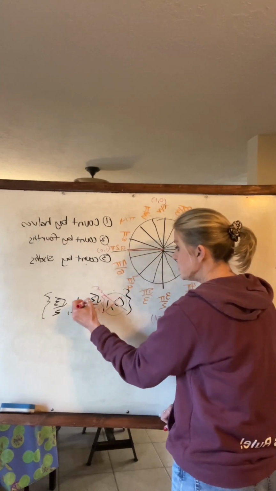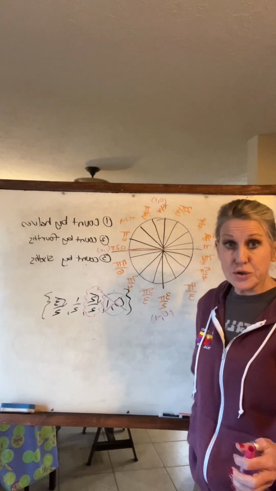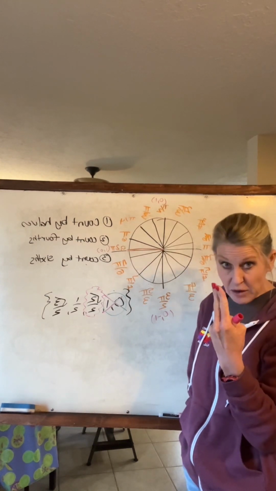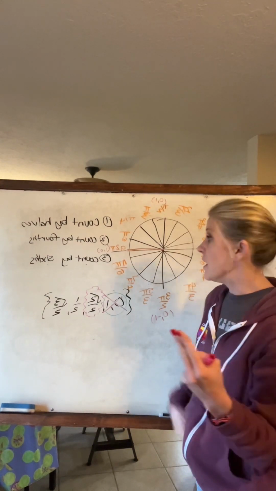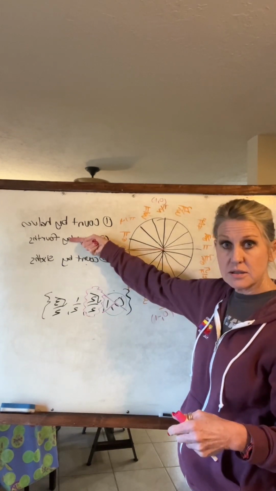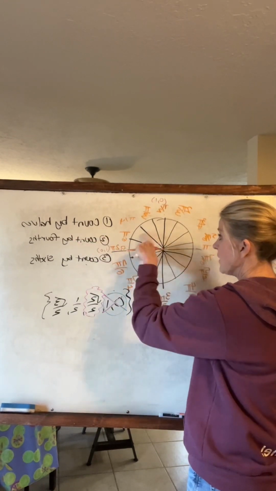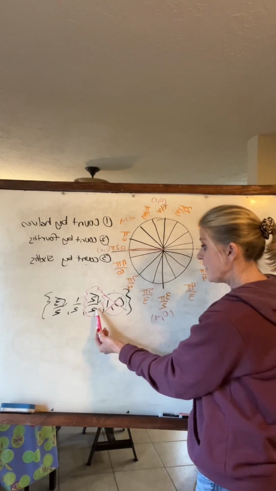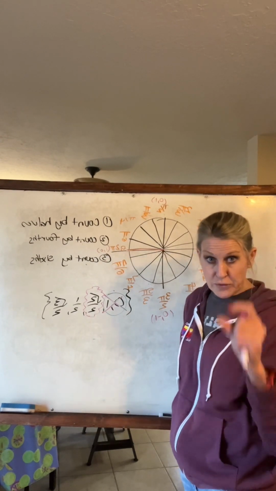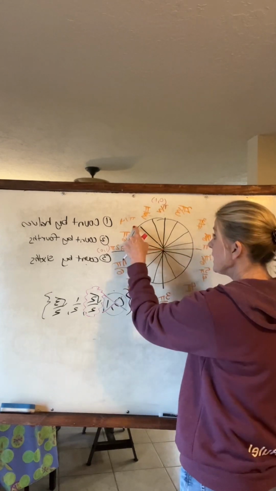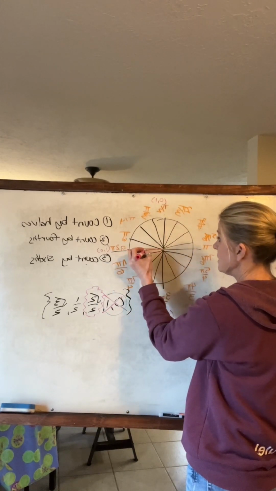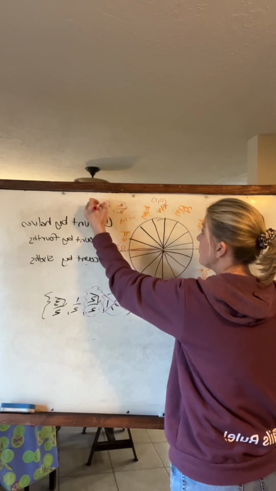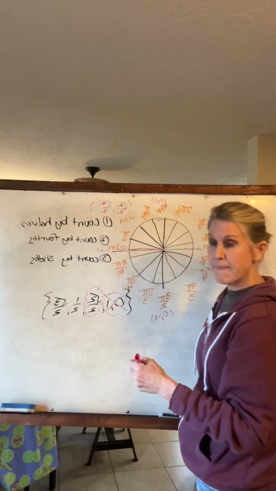Now I'm going to do my root 2 over 2s. They always come as twins. They always pair up, and they're always on the quarter marks. So I'm going to go back around, count on my fourths or my quarter marks, and they're always going to get some version of root 2 over 2, root 2 over 2. Here in quadrant 1, I'd go over positive root 2 over 2, up positive root 2 over 2.